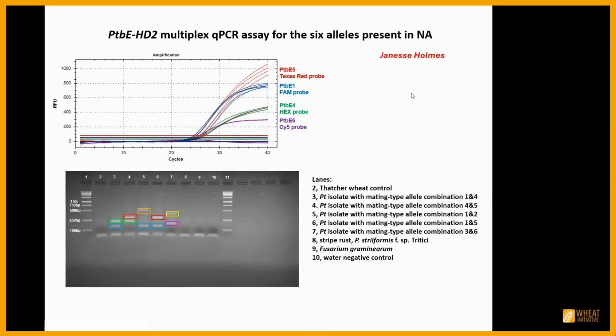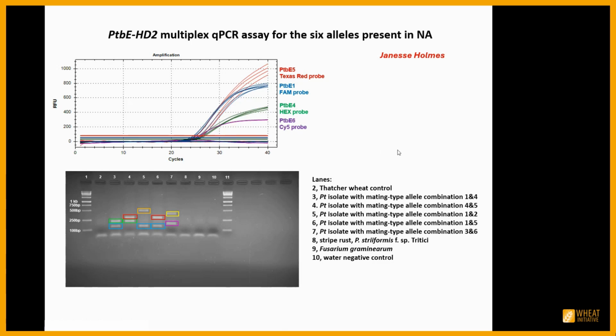Nevertheless, we did start on a project here. This is work from Janess Holmes, where we now have a multiplex qPCR assay for all 6 mating type alleles in the North American population using qPCR and fluorescent probes. And we can distinguish all 6 in a very quick, easy assay.